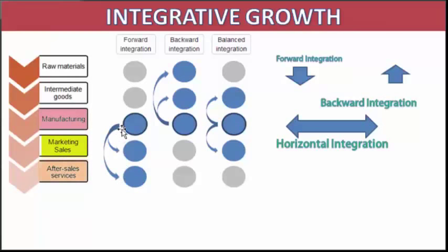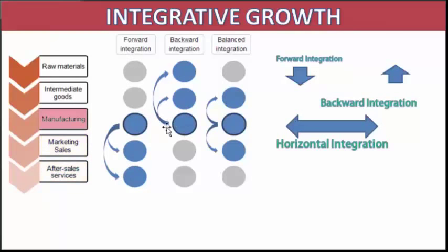If you see forward integration, that means the company which is manufacturing the helmet will take over or acquire the marketing sales company and after sales company as well. That may be forward integration.